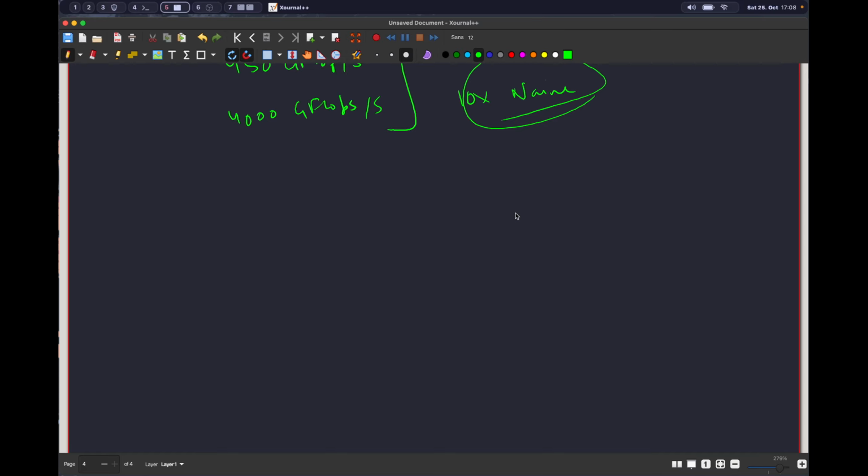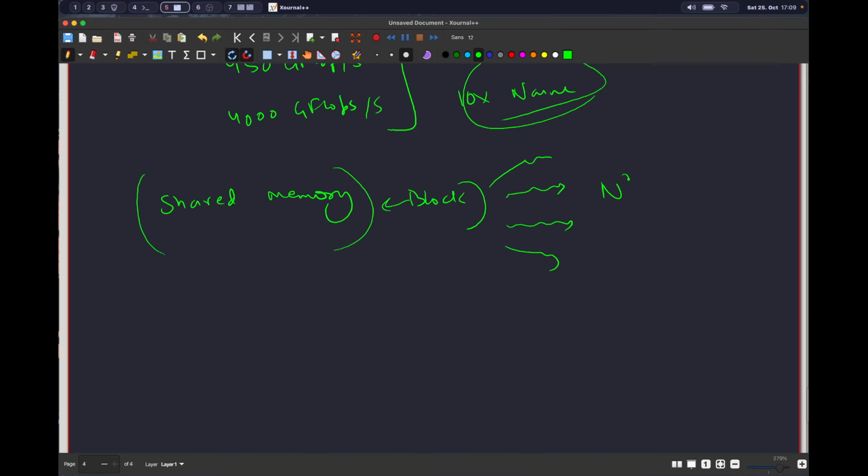Now, apart from global memory, there is something called shared memory, right? And each block has its own shared memory, which inherently means all of the threads. So let's say there are some x square threads in a particular block.